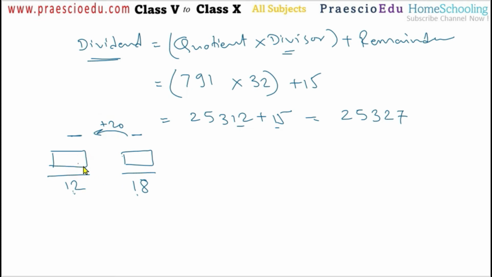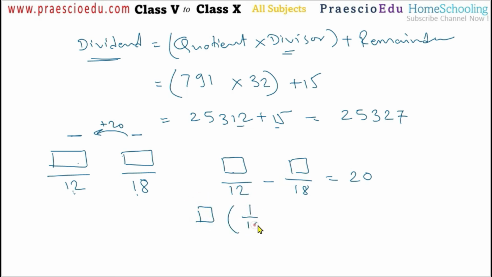So the best way we will do: the unknown number by 12 minus the unknown number by 18, okay, is equal to how much? 20, because the increase is 20 as per the statement, okay. Now this is the unknown number, this is the unknown number, this is a common takeout, okay.